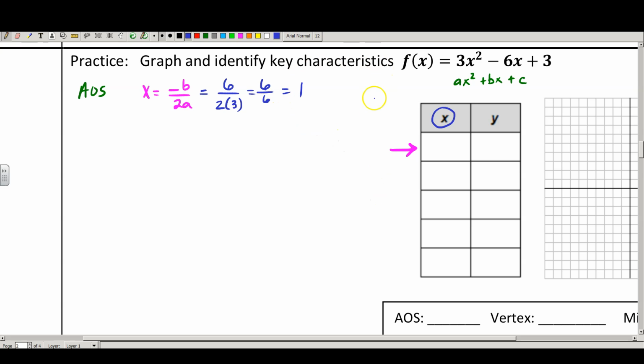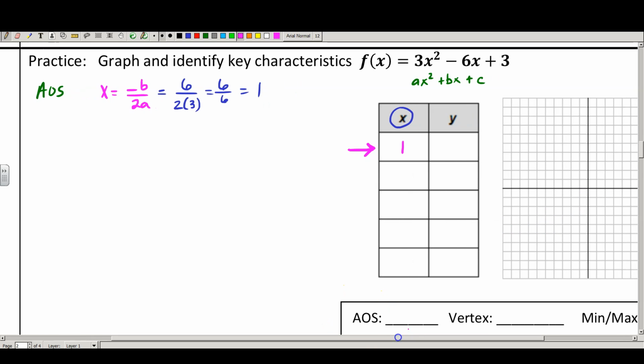We're being strategic here and plugging in the best x value to start with, the most important one, because that is the middle. So we're going to start by plugging in 1, which is the axis of symmetry. I'm just going to fill that in right here. That x equals 1 is our axis of symmetry.